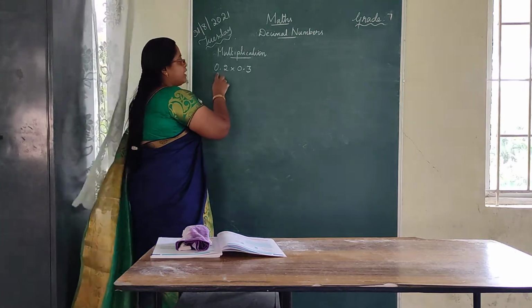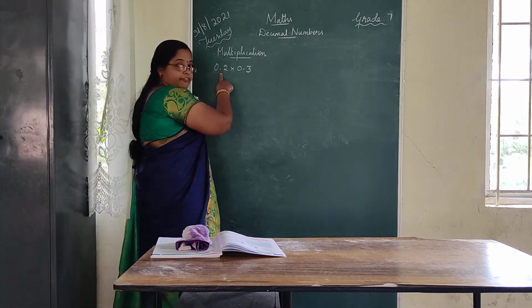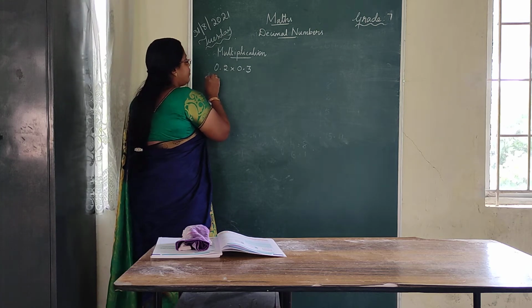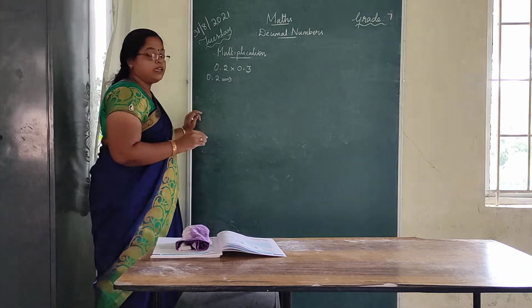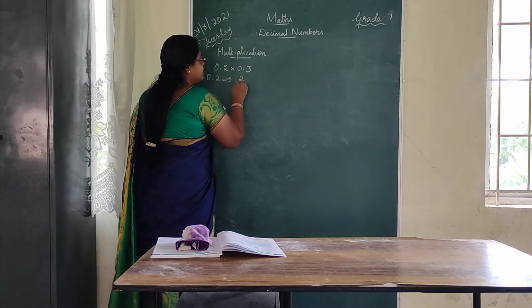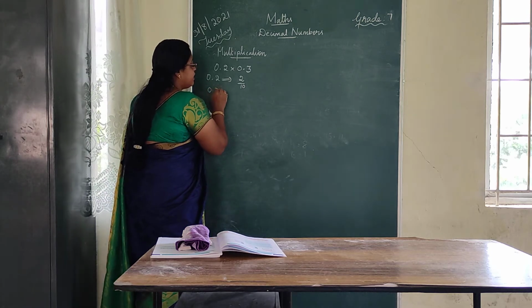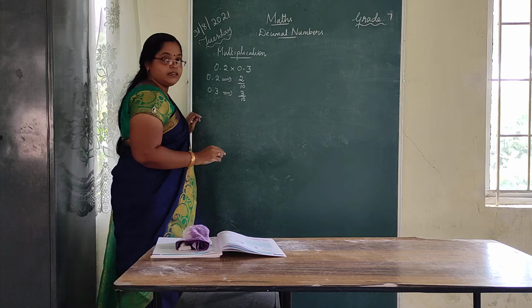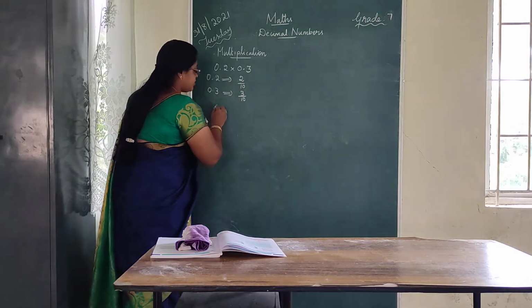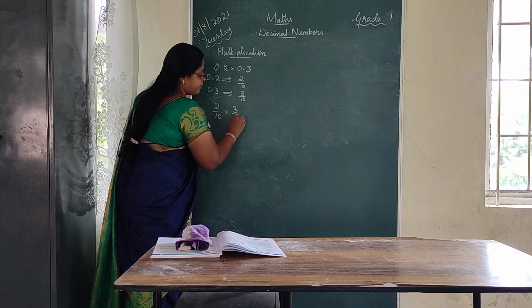First of all, we are converting this decimal to fractions. Okay, so 0.2, how can we convert into a fraction? Yes, 2 by 10. Then 0.3, how can we write? 3 by 10. Now we take these two fractions, 2 by 10 into 3 by 10.